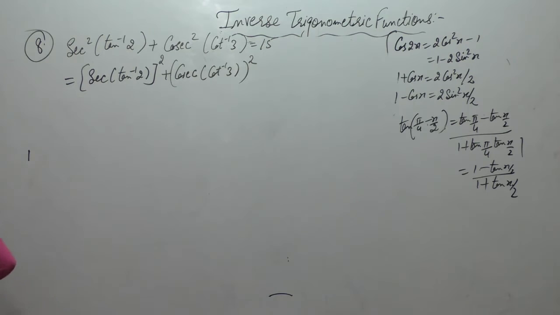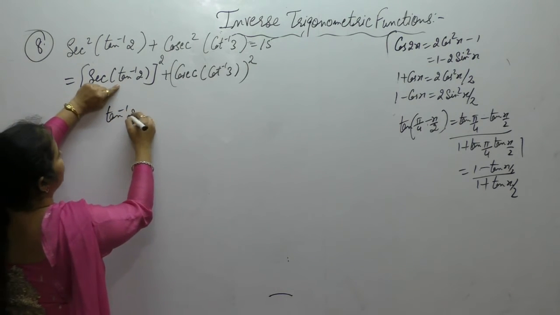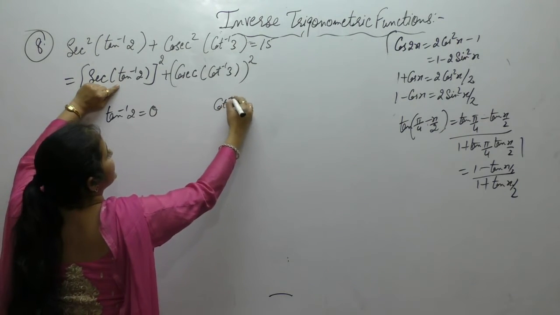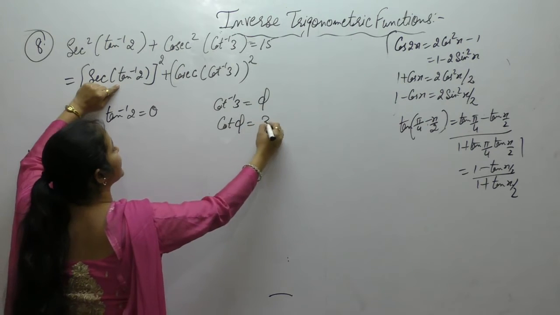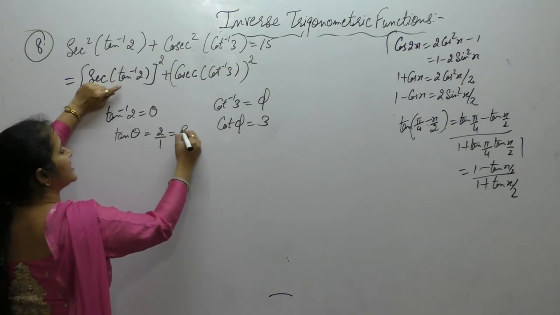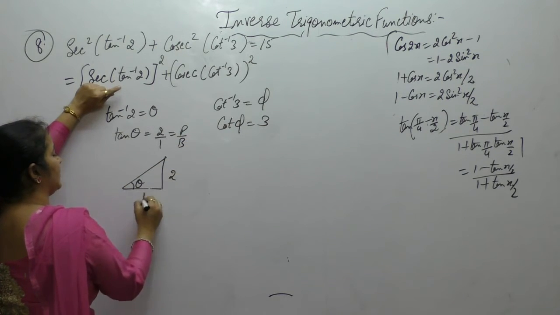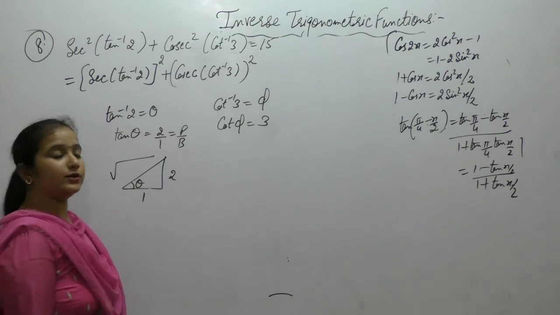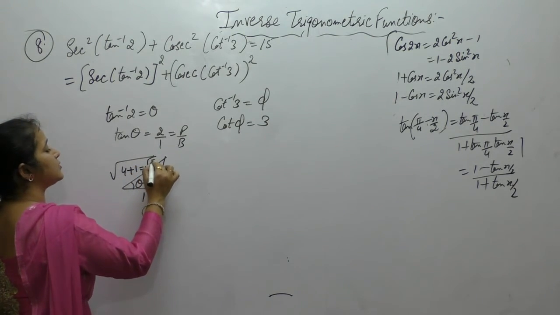Now let tan inverse 2 be equal to theta and cot inverse 3 be equal to phi. So we get cot phi as 3 and tan theta as 2. Tan is perpendicular upon base. If this is angle theta, with perpendicular and base, the hypotenuse is root of perpendicular square plus base square, so we get root 5.